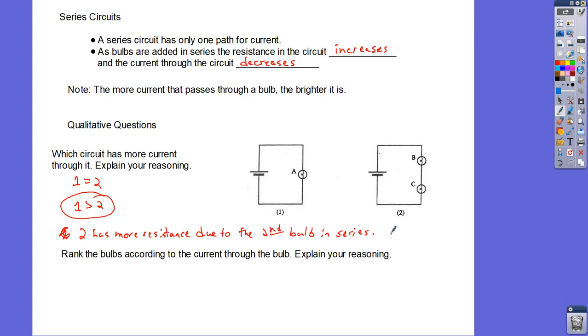Okay, and so increasing resistance decreases current.